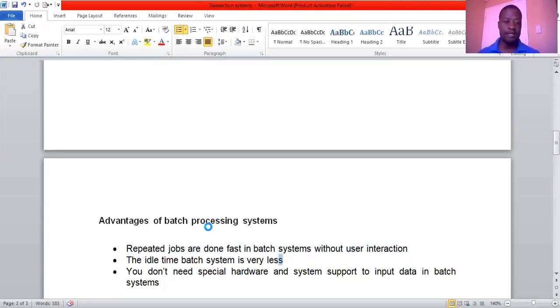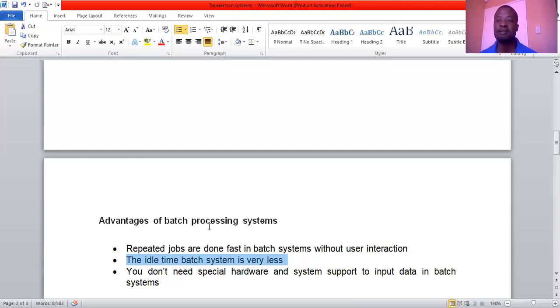The second point is that the idle time of a batch system is very little. Since this data is collected and processed at once, while the system is collecting, it's idle. It's not processing data during that period of time.